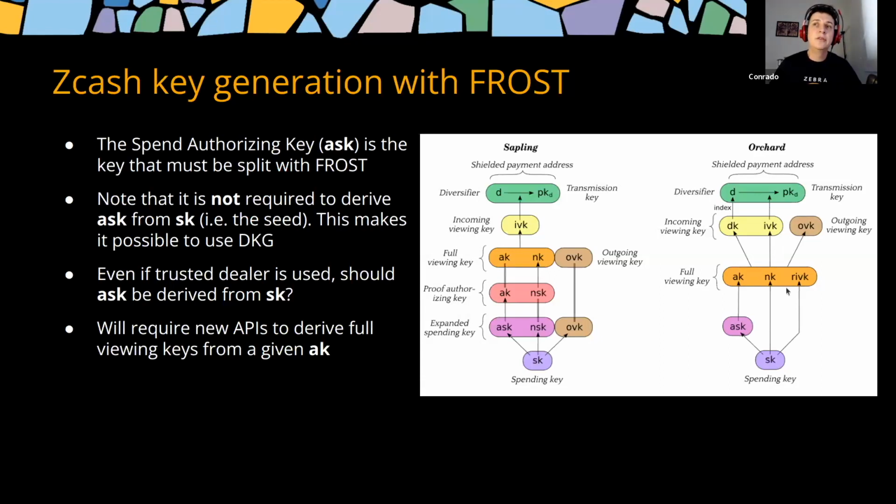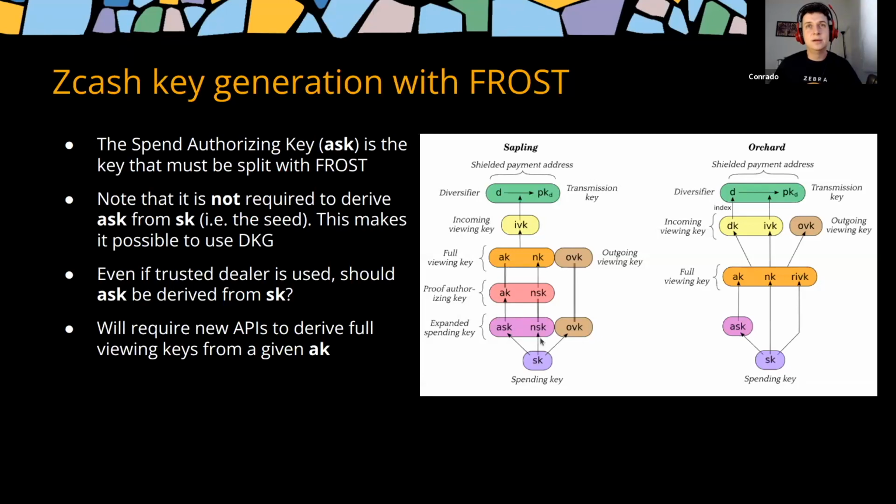But that leaves us with the question that if people want to use FROST with Zcash, they also need the full viewing key, right? So each participant will need the FROST share and the full viewing key, which seems okay. For Sapling, it's trickier because you also need the proof authorizing key.